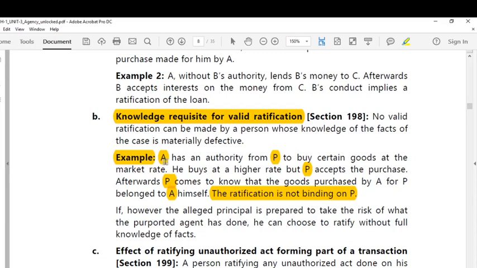His knowledge is materially defective, so the ratification is not binding on the principal, right? So the essential thing is that the principal should have knowledge of the facts of the case, otherwise it is materially defective.